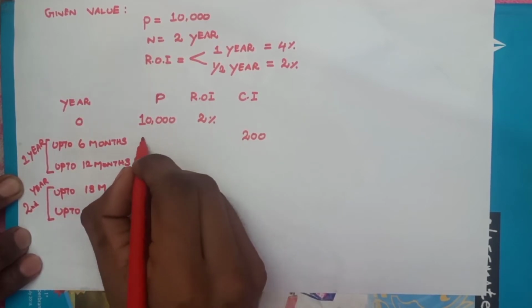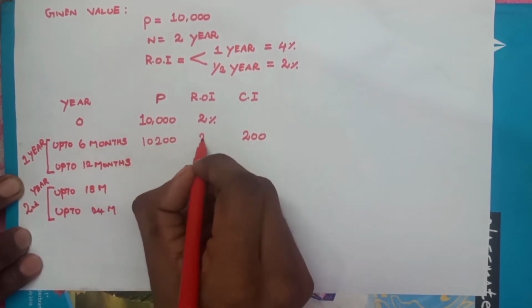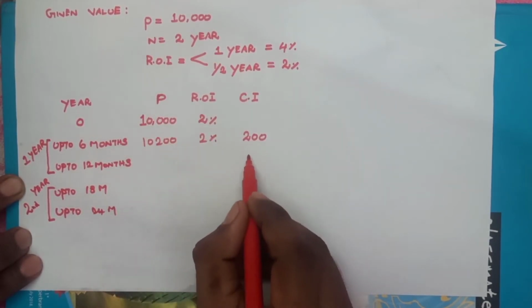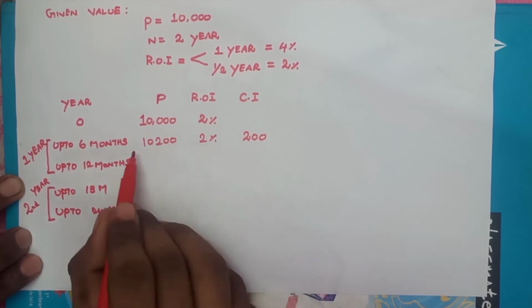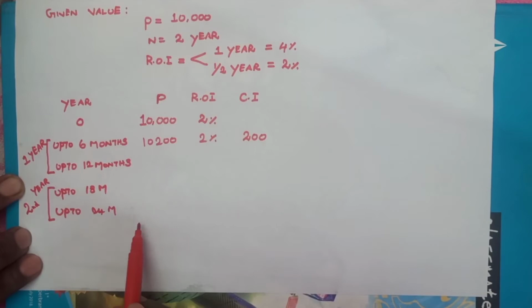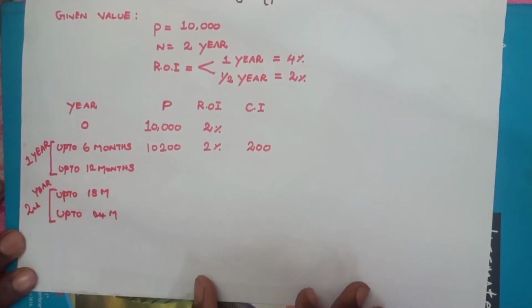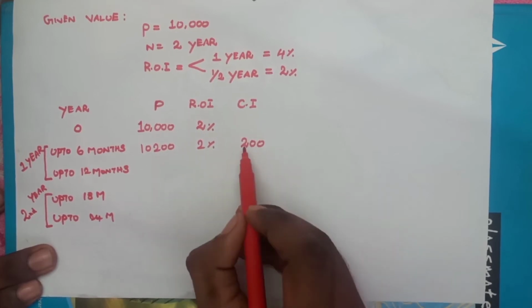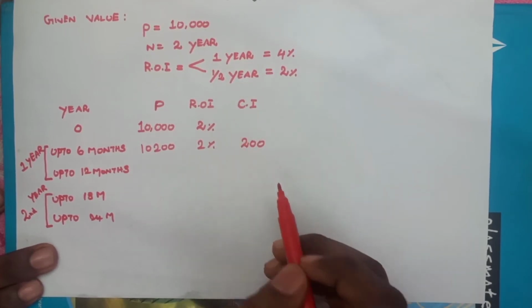So you will put 10,200 here, and again calculated 2% of 10,200 is I think 204 here, and again adding these two values and again calculated up to the end of 4 times in 2 years, right? But in a shortcut method, we will just need a first time interest amount alone.